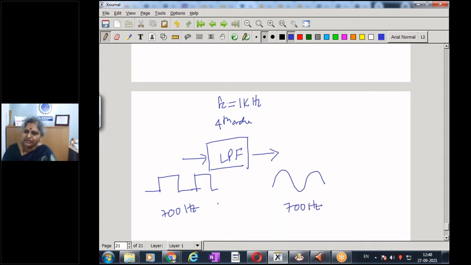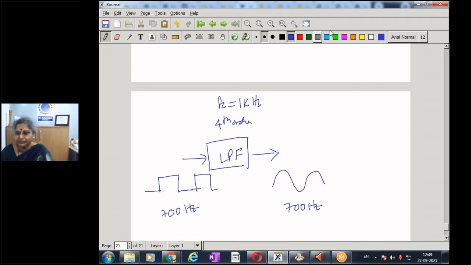Are you not surprised by this result? Is anyone wondering why we got this result? Please tell me yes if you are not able to understand the result. I gave a square wave and the output has come out as a sine wave, no problem?